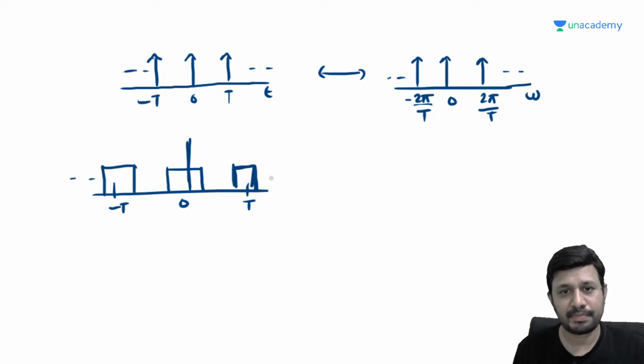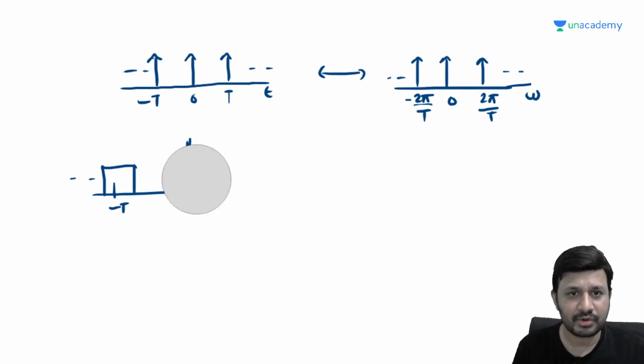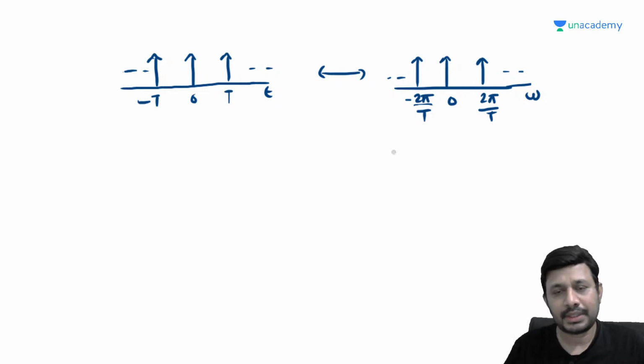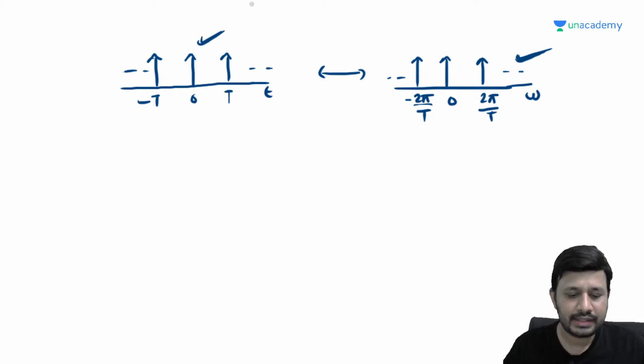What is the Fourier transform of a pulse train? Anyways, here this is not periodic. Let's not discuss this pulse train. Pulse train Fourier transform is not periodic. Let's not discuss it here. This is periodic, so definitely in time domain the signal must be periodic.